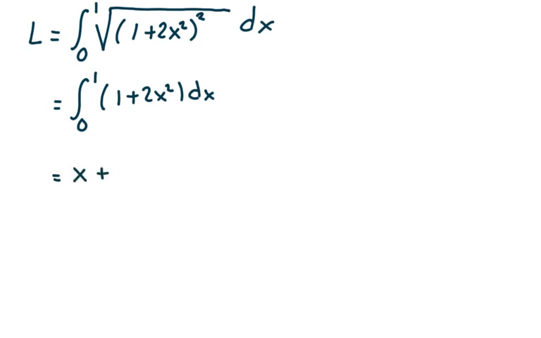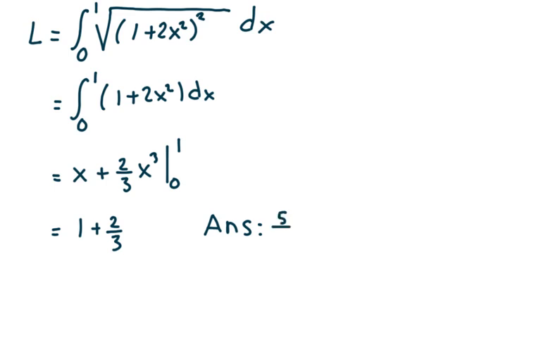And so this is x plus 2/3 x cubed from 0 to 1, which is 1 plus 2/3. And so the correct answer here for problem number 11 is 5/3. And that's how we do problem number 11.